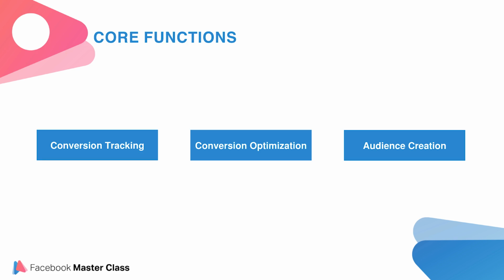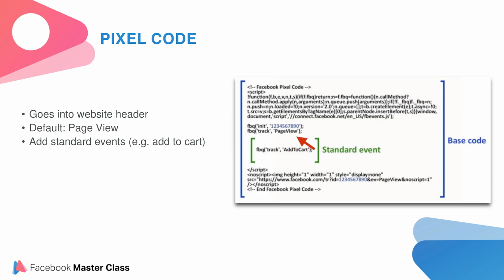You can create custom audiences and lookalike audiences based on website visitors or events. For example, you can create a custom audience with all Facebook users that made a purchase in the last 180 days, and you can create a lookalike audience similar to all Facebook users that made a purchase within the last 180 days.